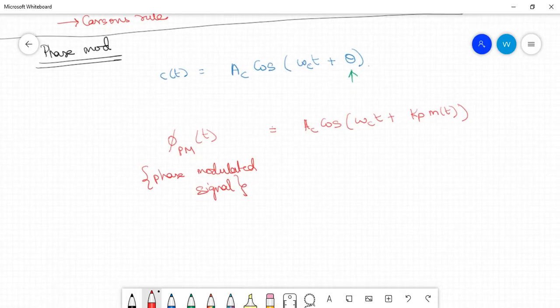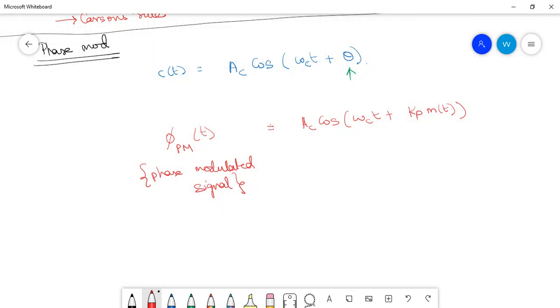It is a constant that tells you how much the message signal is changing the phase of your carrier. This is the modulated wave in the case of a phase modulated signal.